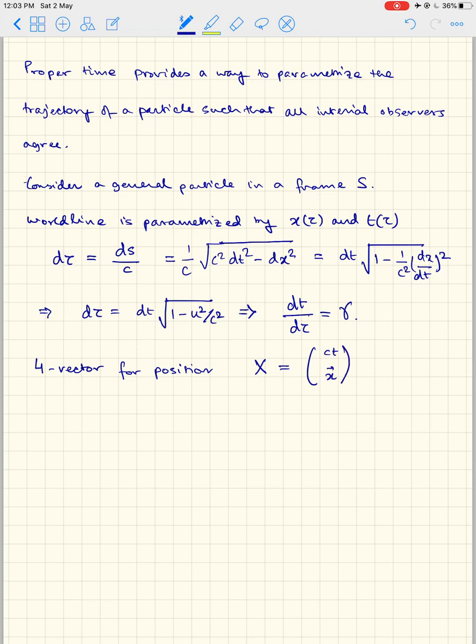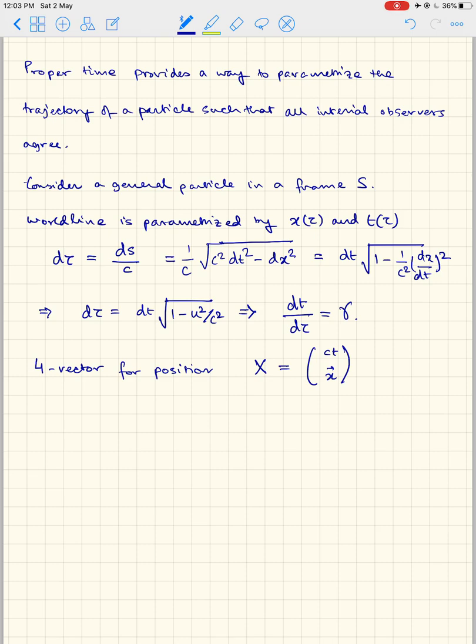Now, if you were to think about something like velocity, and if you had used the usual dt, I mean dx dt, this would no longer transform properly as a 4 vector, because the t itself transforms under Lorentz transformations.